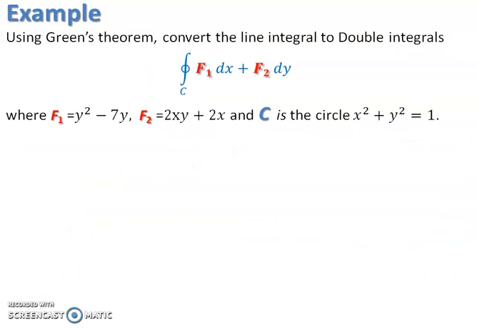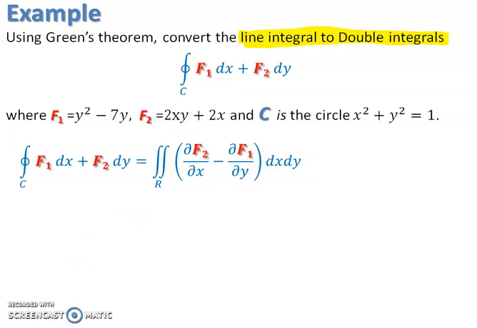Okay, so now we're going to solve the same example again, but this time we want to convert from a line integral to a double integral. So by using Green's theorem, a line integral will equal a double integration over a region R of the partial of f2 with respect to x minus the partial of f1 with respect to y, dx dy.